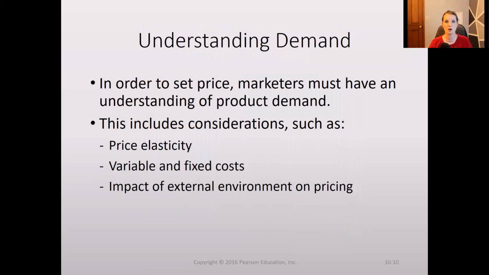All right, so let's talk about price elasticity. When we think about understanding demand, one of the things we want to consider is price elasticity. This is going to refer to how much will demand change based on whether the price goes up or down. So for example, an inelastic product, an example of that would be gas.